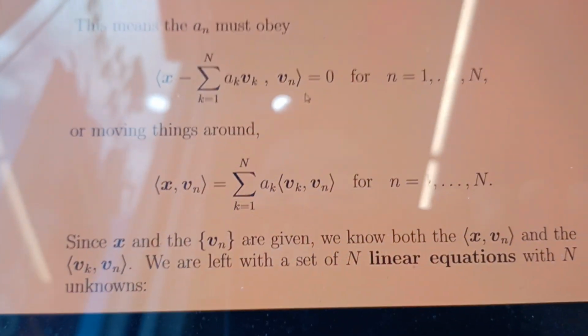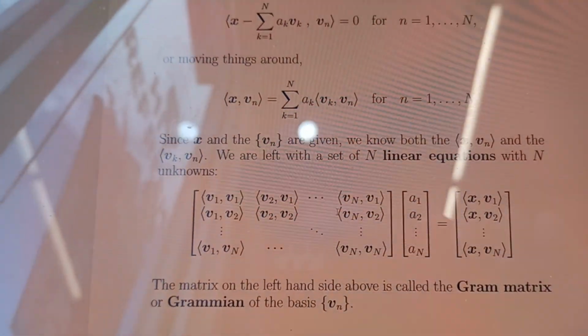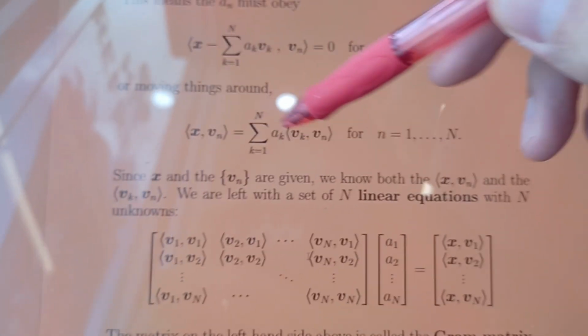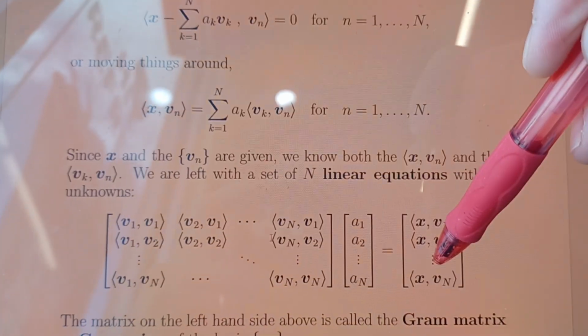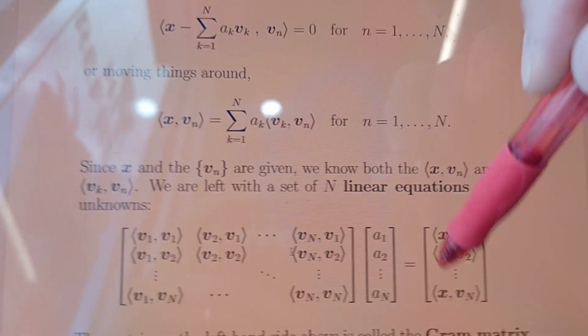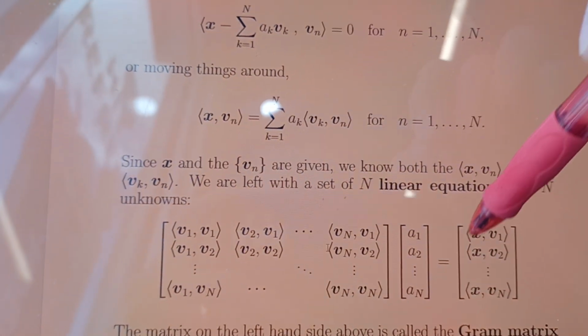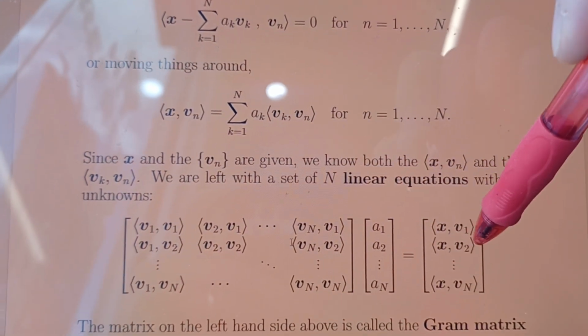And then we can convert it into GA equals B form, where this is flip-flopped here. So this is the B over here. So that makes sense. X is the thing we are trying to approximate, so that's the ground truth function.